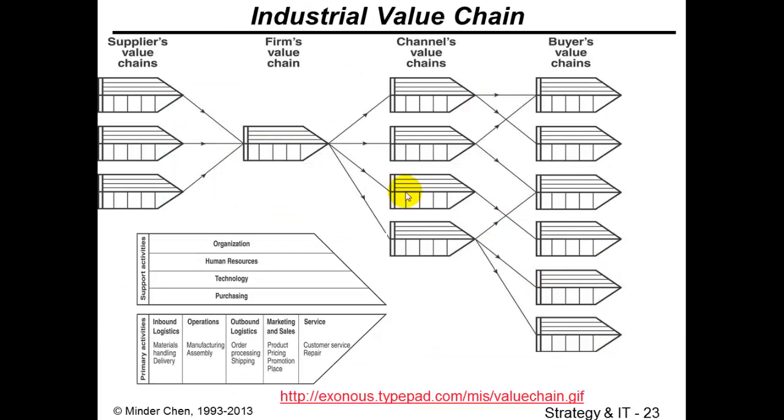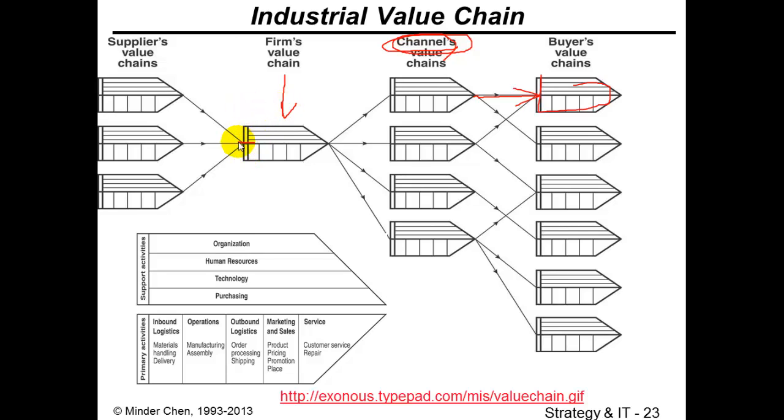If we expand our view to a single firm's value chain, then we'll find out that a firm's value chain is connected to its channel, marketing channel, sales channel's value chain, and that value chain is further connected to a buyer, particularly if it's a company which also has its own value chain.